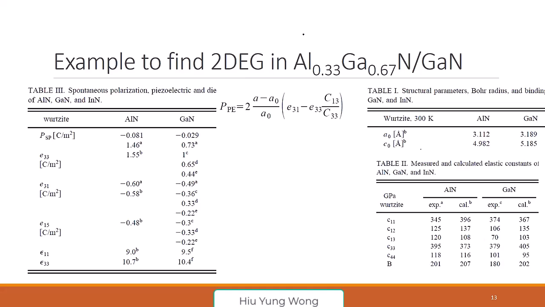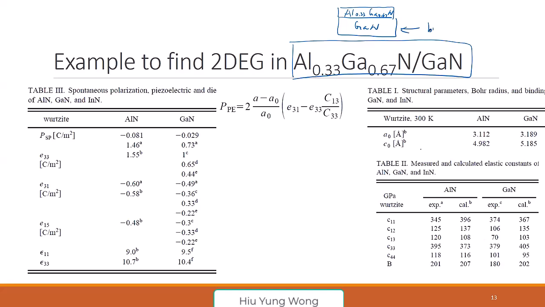Now, how do I find this? For example, now I have a system like this. It means I have aluminum 0.33, gallium 0.67 nitride on the top and gallium nitride at the bottom. When I say that, it means the bottom layer is the buffer. It's relaxed.